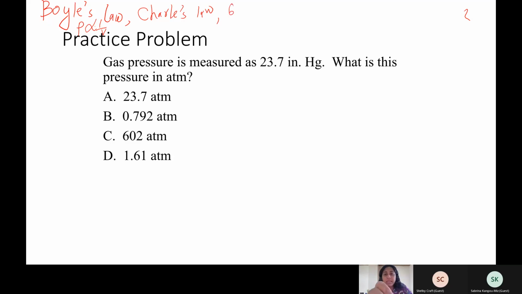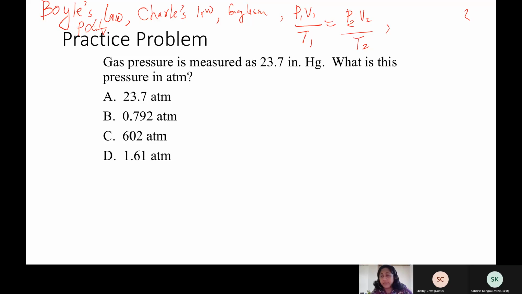And the Gay-Lussac law describes the relationship between the volume and the amount, the volume and the moles. And then the combined gas law equation combines all these three and gives the equation P1 V1 over T1 equals P2 V2 over T2.